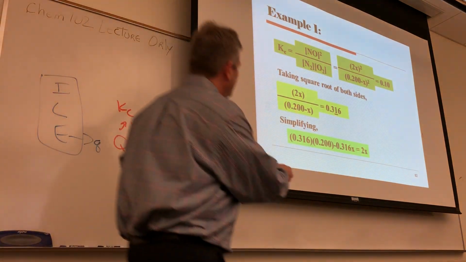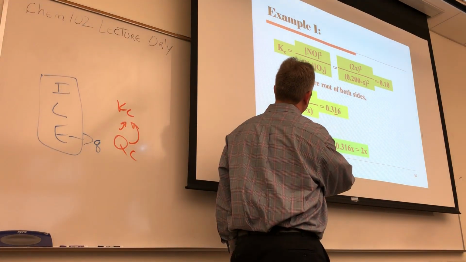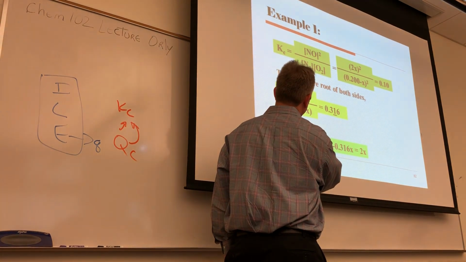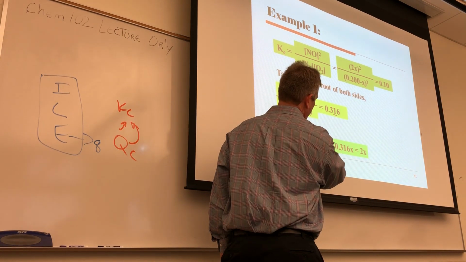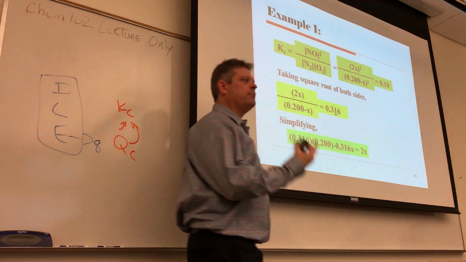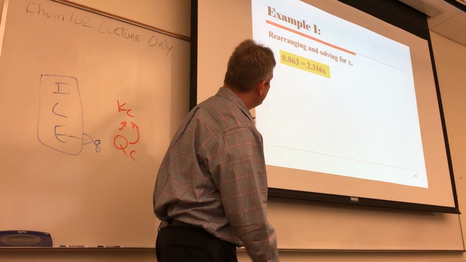I move this up here, or maybe I move this up and then flip it, and I end up with 2x equals this times this, which is what I get here, and this times the minus x, which is what I get there. Just simple basic math calculation. Rearrange, I get this.